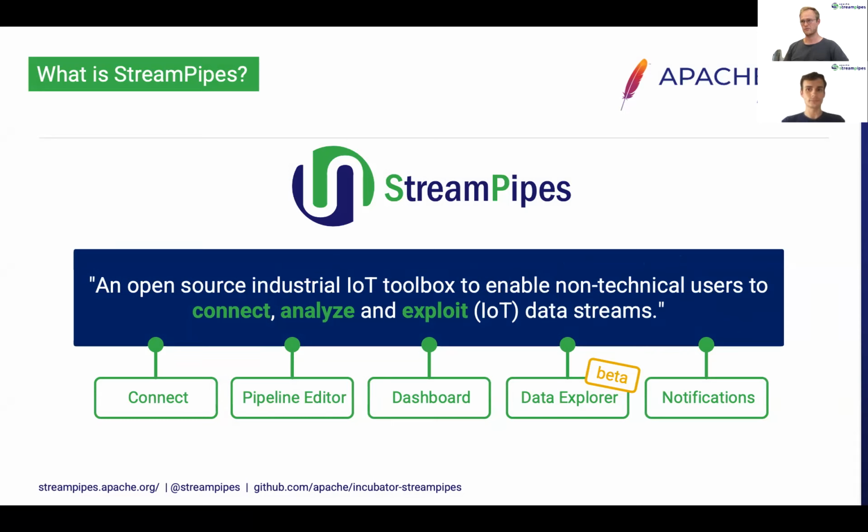Our software has different modules, such as a connect module to connect the data streams, a pipeline editor to plug together data analysis pipelines, then a dashboard to monitor certain KPIs, and also a data explorer, which is still in the beta, which serves as a convenient tool to create data sets to train, for example, machine learning models, or to collect data in general.